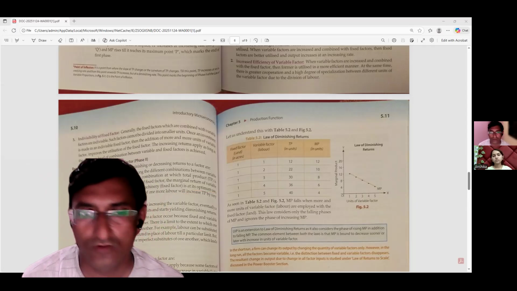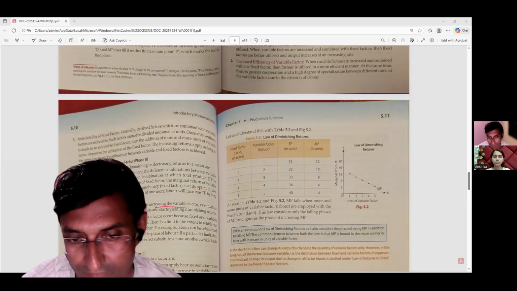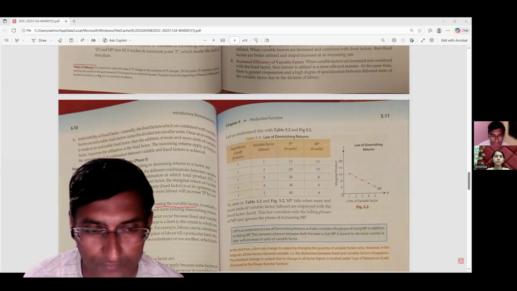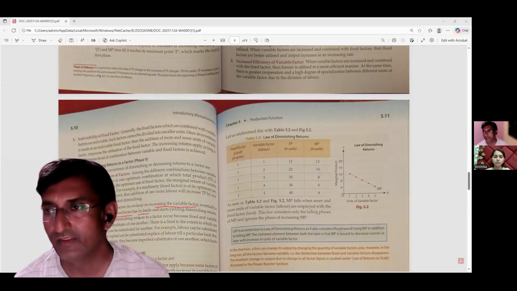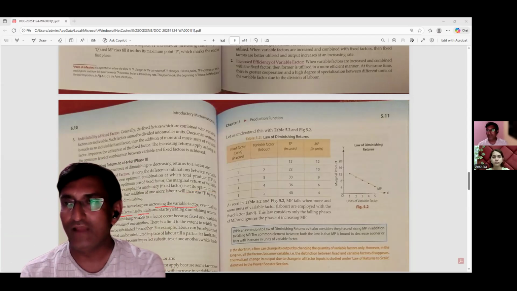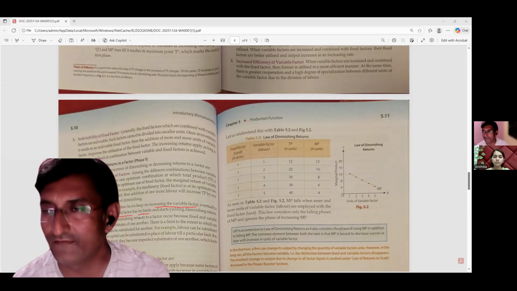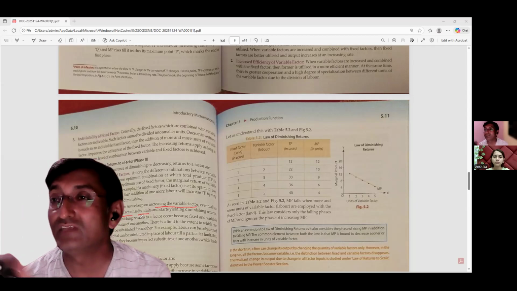Then overutilization of fixed factors. As we keep on increasing the variable factors, eventually a position comes when the fixed factor has its limit. If you are using too much of your variable factors, but the fixed factor has a certain limit, after that it gives diminishing returns.